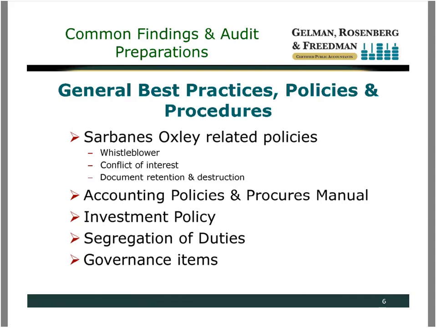Another general common item that we see is proper segregation of duties. And this is a double-edged sword because it certainly depends on the size of your organization and the capacity to hire staff within the finance department. So oftentimes, just due to the size, there isn't proper segregation of duties. And we certainly recognize that. We know that due to the size, we can't get there.